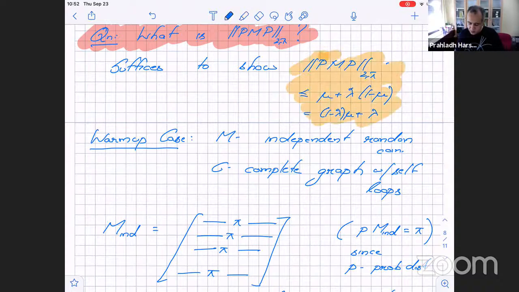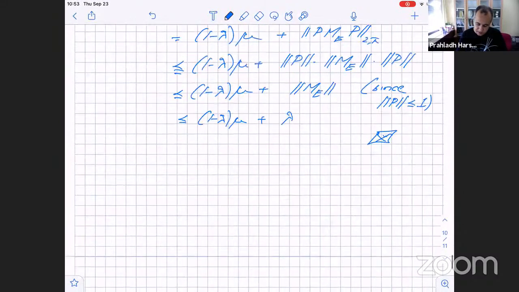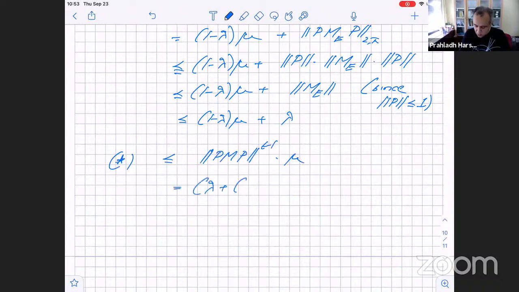So we have thus proven. We had this whole exercise. We had the star. The star probability was the norm of PMP to the t minus 1 times mu, and this is exactly lambda plus 1 minus lambda mu, the whole to the power t minus 1, times mu.